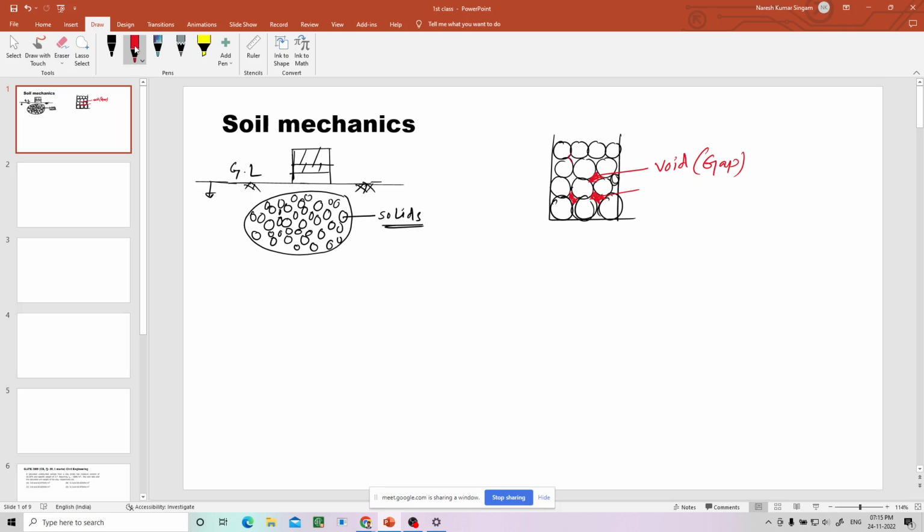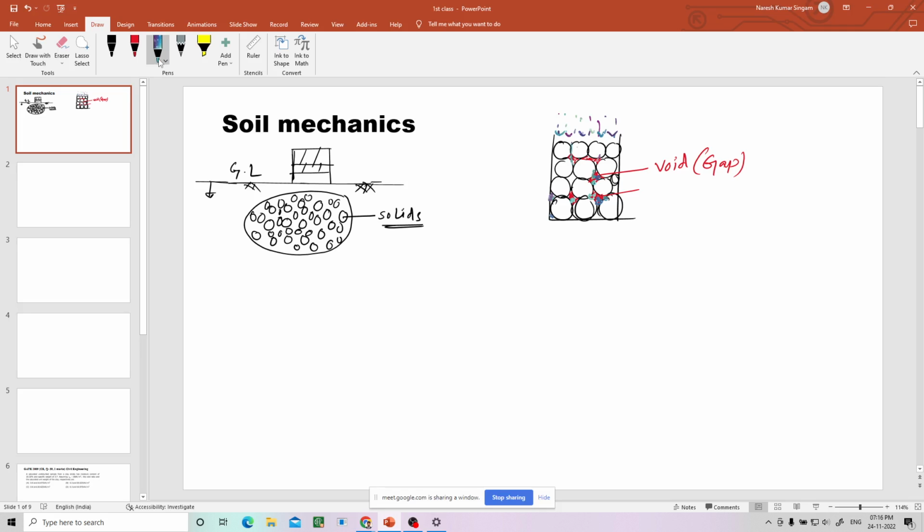Now I'll just pour some water from the top. What will happen? The water goes inside from here, then it tries to settle in the gaps.